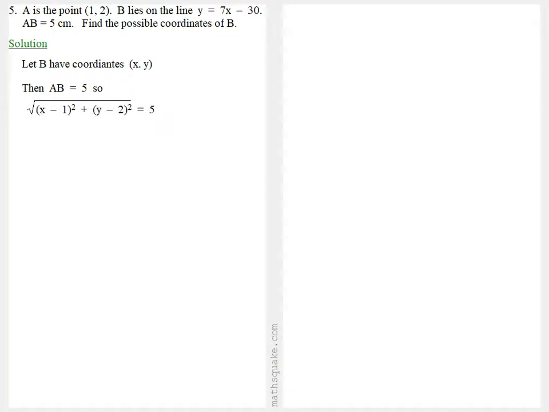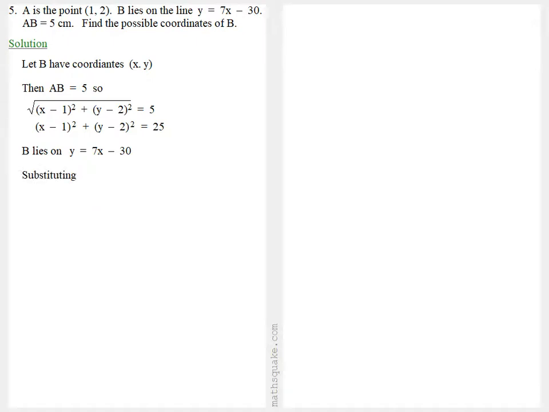So the square root of x minus 1 all squared plus y minus 2 all squared is equal to 5. If we square both sides, we have x minus 1 all squared plus y minus 2 all squared is equal to 25. But we also know that B lies on the line, so that means y equals 7x minus 30.